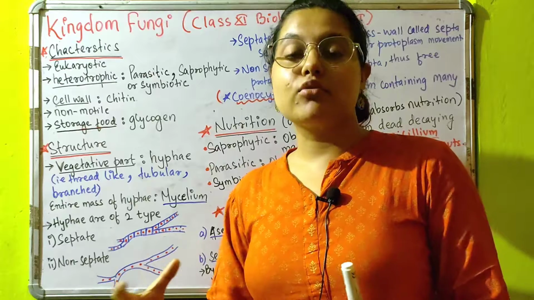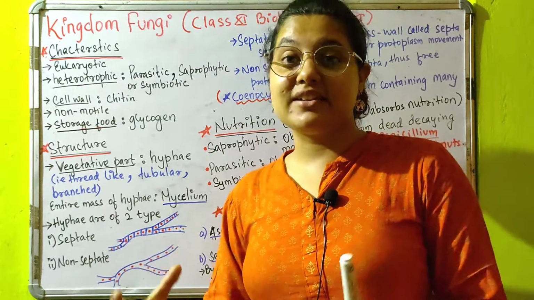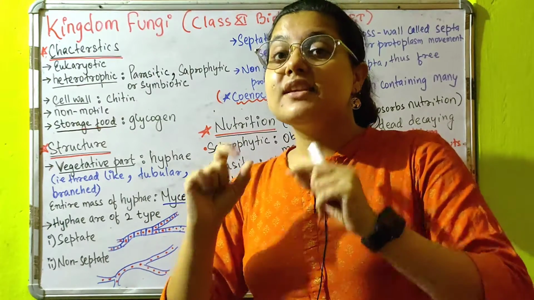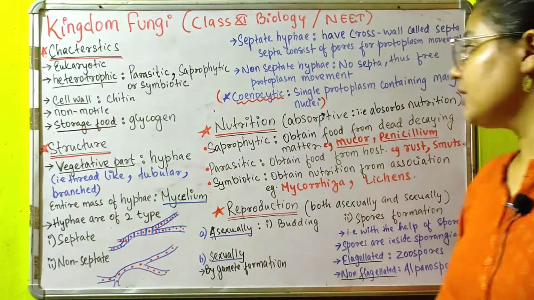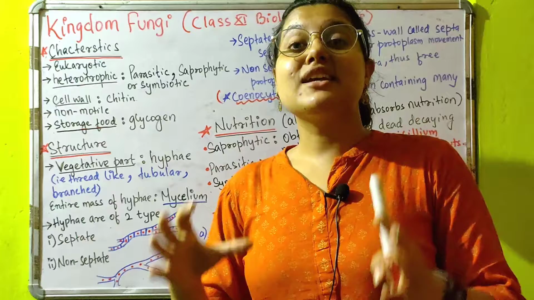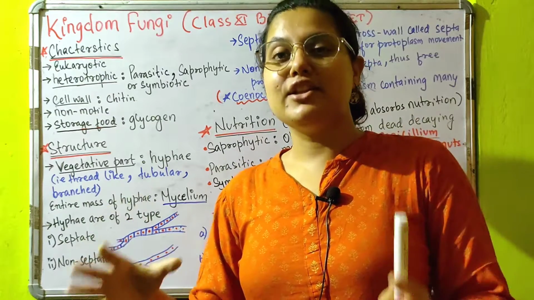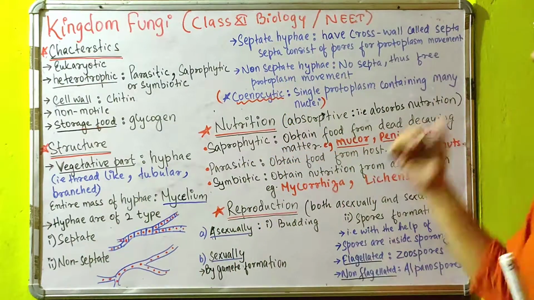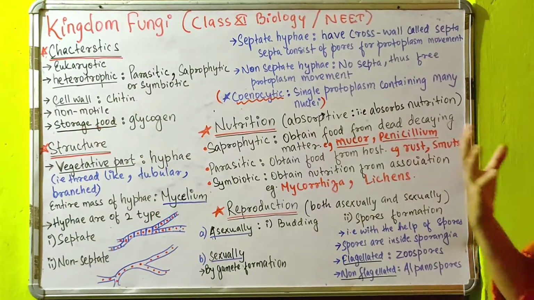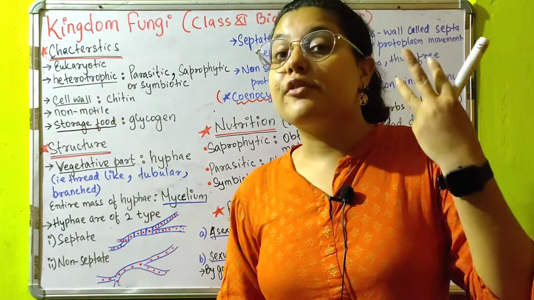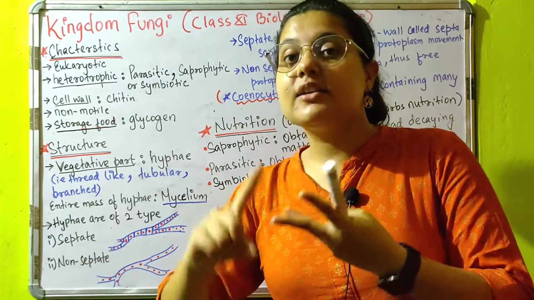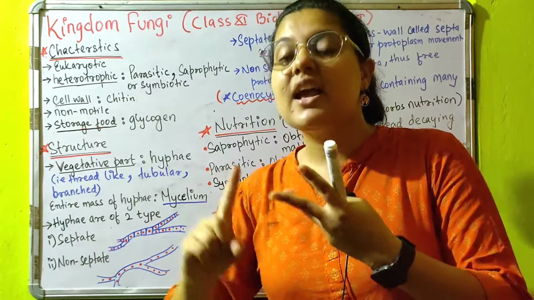And we came across a new word known as coenocytic type of cell, in which a single protoplasm contains so many nuclei. Coming to the type of nutrition, fungi have basically absorptive nutrition, which is of three types: saprophytic, parasitic, and symbiotic.